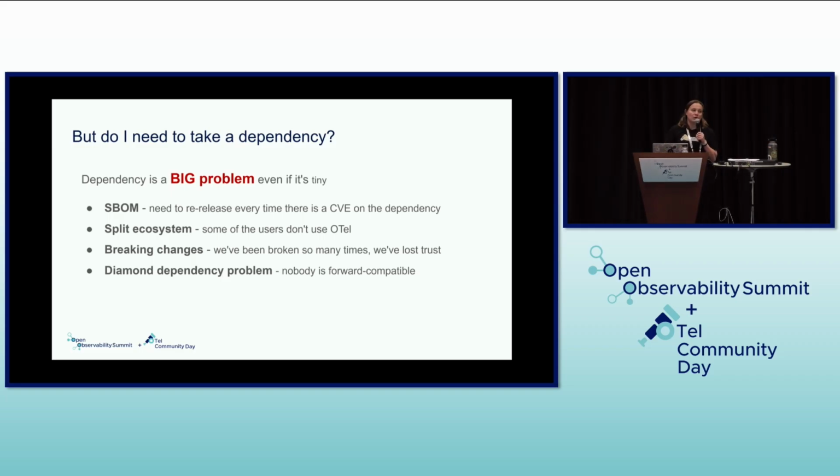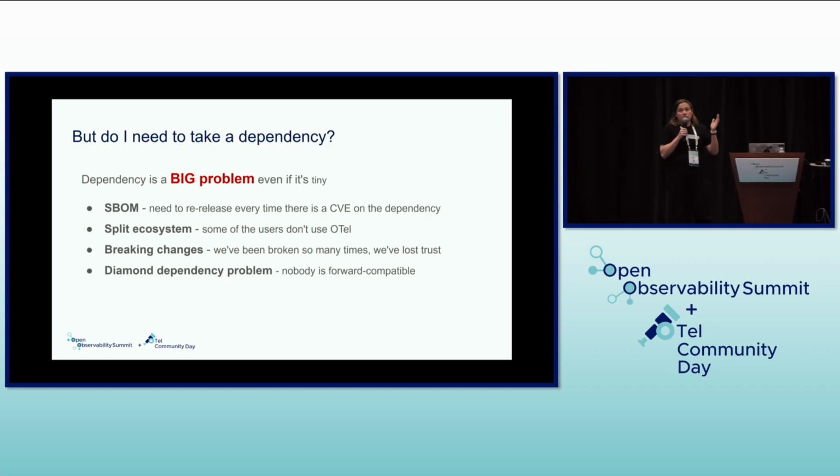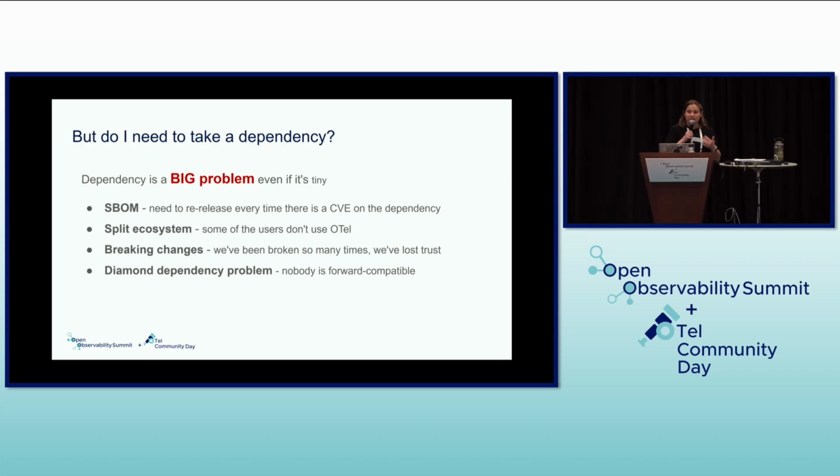Even a small dependency introduces a huge pain. There are perception problems and there are real problems. The OpenTelemetry API is a tiny library. It's super stable. It does not have CVEs. We are very serious about compatibility in the OpenTelemetry world.